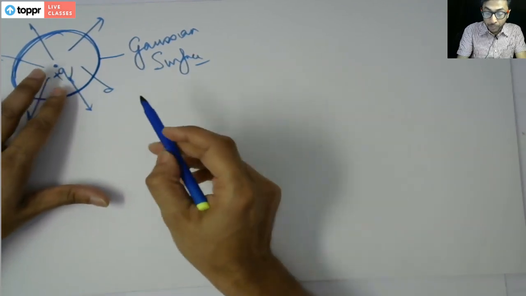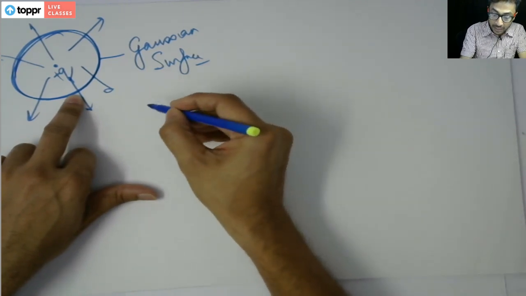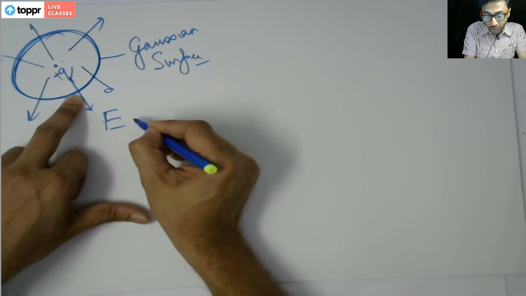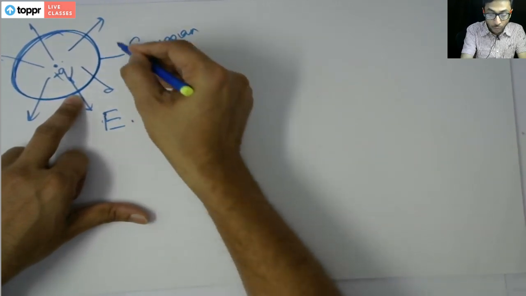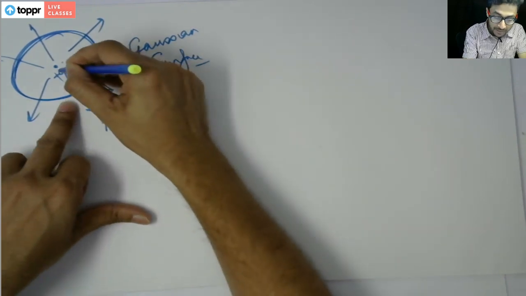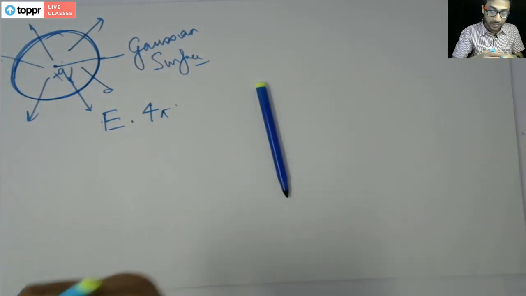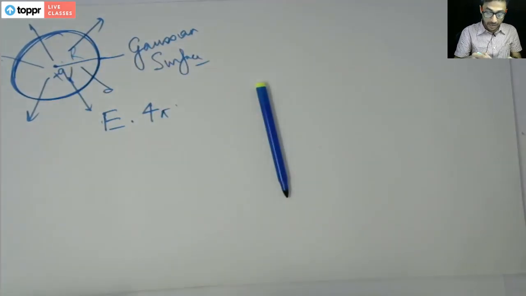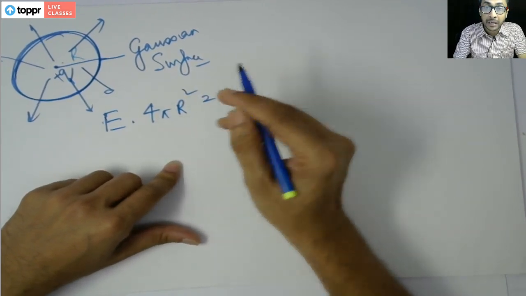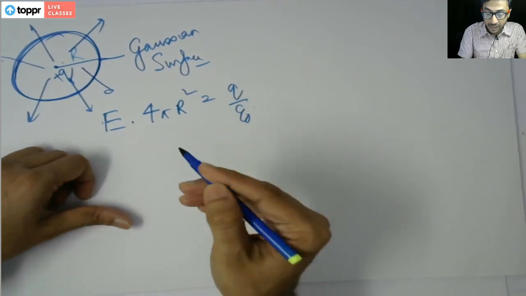Now the electric flux associated with this surface: as the electric field is radial and uniform, it is E into the surface area, which is 4 pi R square, where R is the radius. So E into 4 pi R square is equal to Q by epsilon 0.